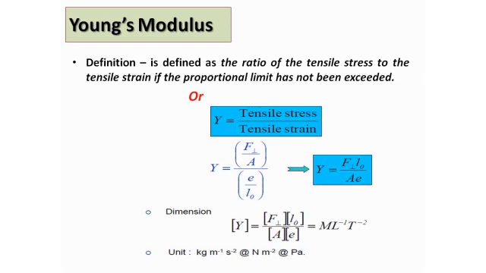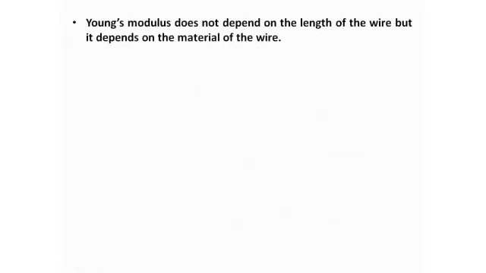Now let's have some basic concepts of Young's modulus. Young's modulus never depends upon the length of the wire. I repeat, it does not depend upon the length of the wire, but it depends upon the material of the wire, or you can say the nature of the material of which the wire is made.